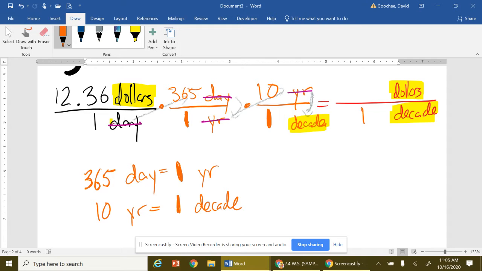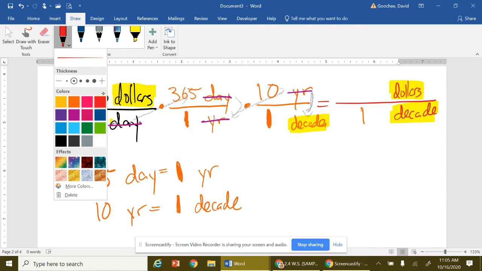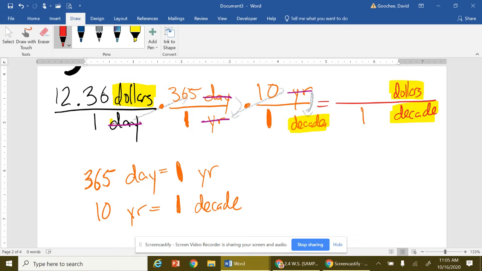And across the top, we're going to multiply $12.36 times 365 times 10. And I get 45,114. Wow.